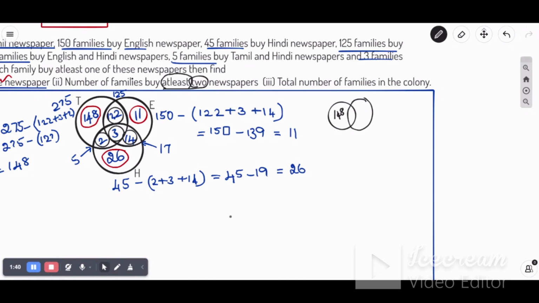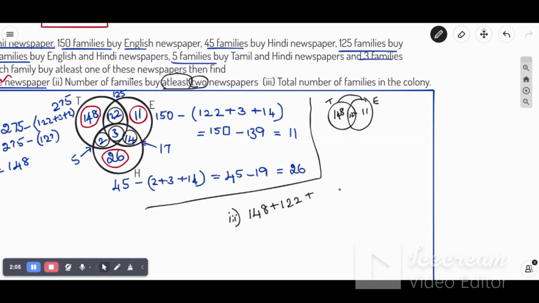So we have to write that also. So 148 plus, next will be the number of families who buy Tamil and English, that will be 122. So I have to take that 122 also.